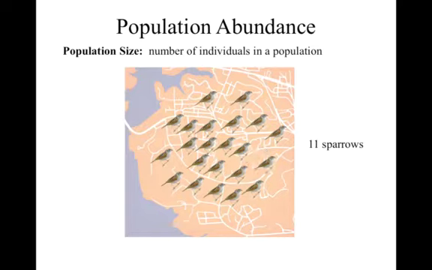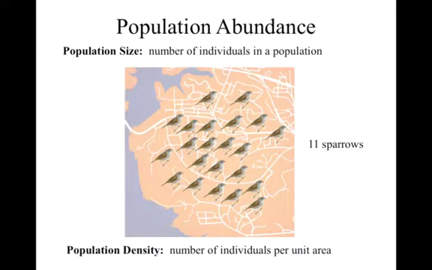And it's even worse because some of those sparrows that are sometimes in Clemson city limits can also drift over and move outside of city limits. And so sometimes population size is not the best measure of abundance. And instead, we frequently use density, population density. This is the number of individuals per unit area. And so rather than 11 sparrows, what we could say is, well, there are actually 2 sparrows per kilometer in Clemson.